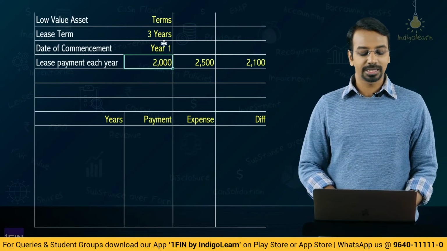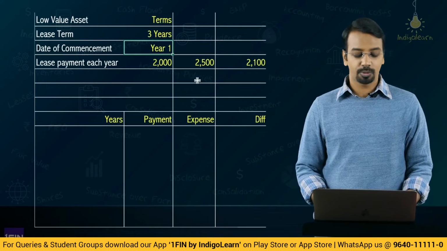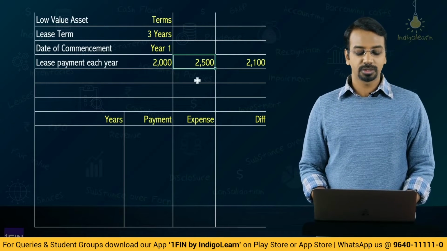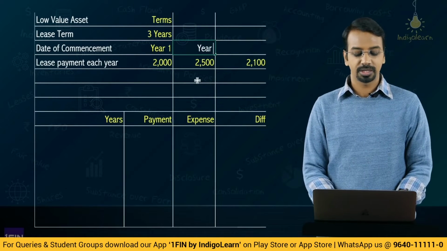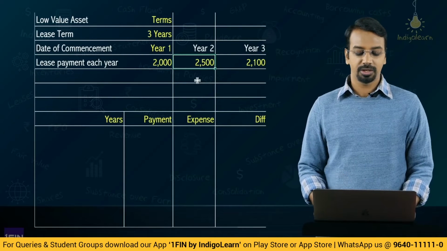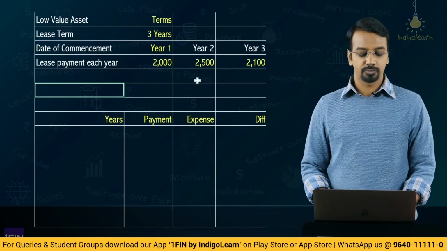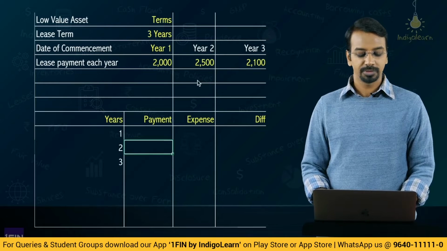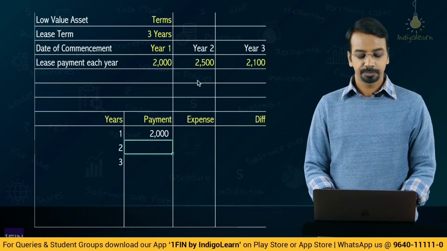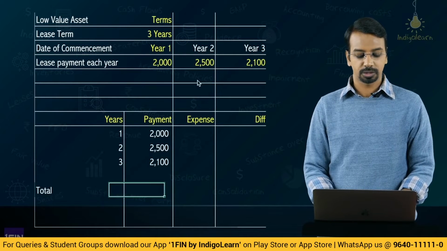So let's say there is a low value asset for a 3-year period, commencement is year 1, lease payment each year is 2000, 2500 and 2100. So this is payment in year 2 and this is payment in year 3, okay. Now how should we account for it? So you have year 1, 2, 3, payment 2000, 2500 and 2100. So what you do is you find out the total.